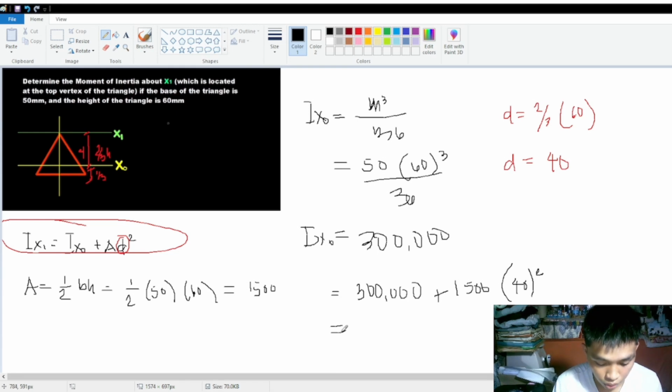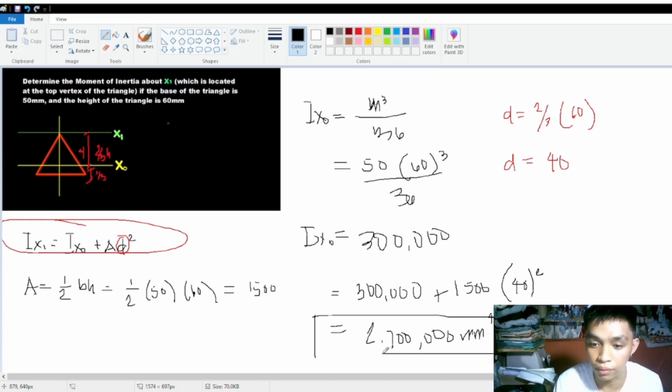The total is 2,700,000 millimeter to the fourth. That will be your moment of inertia about x sub 1. This will be our final answer.